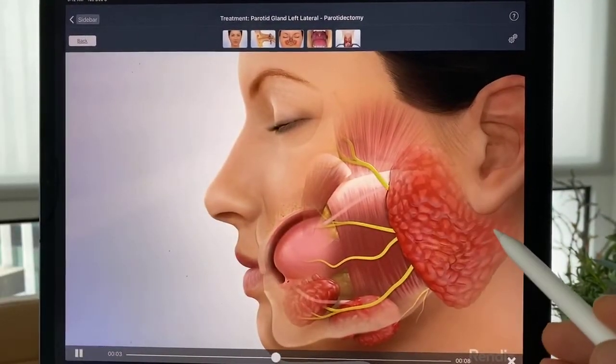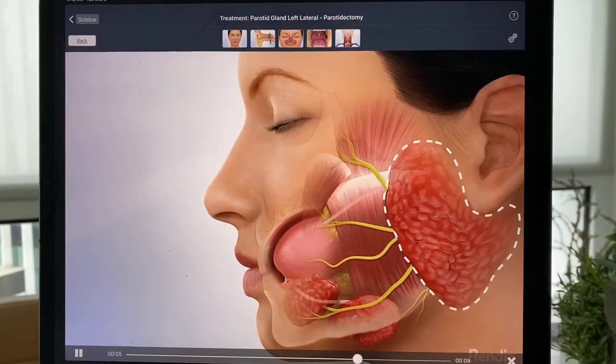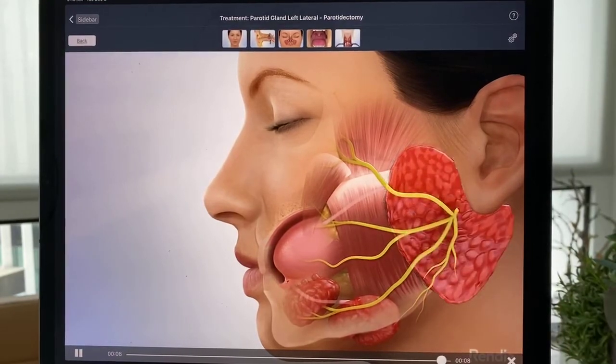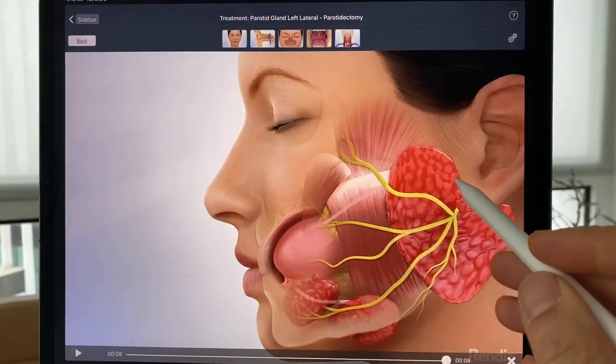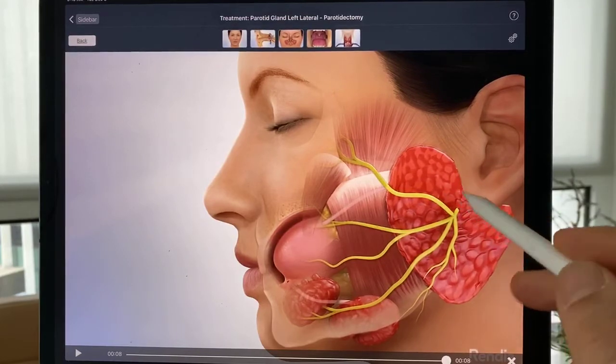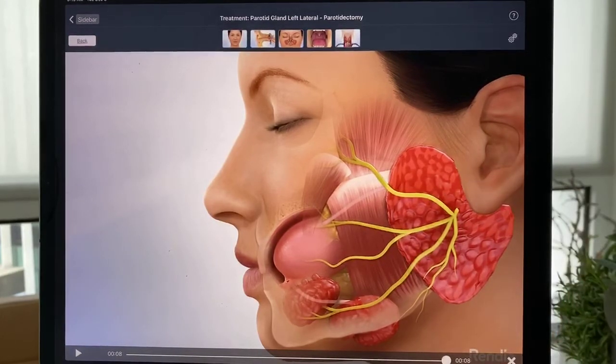When they remove the parotid tumor, they also remove a portion of the parotid gland, right? Any area that they operated on can form a scar. Just like when you get a cut in your arm, and when it heals, it can be a thicker scar. Sometimes it's a nice thin line and it's not even visible, and sometimes you get a big thick scar, right? And so it can be.